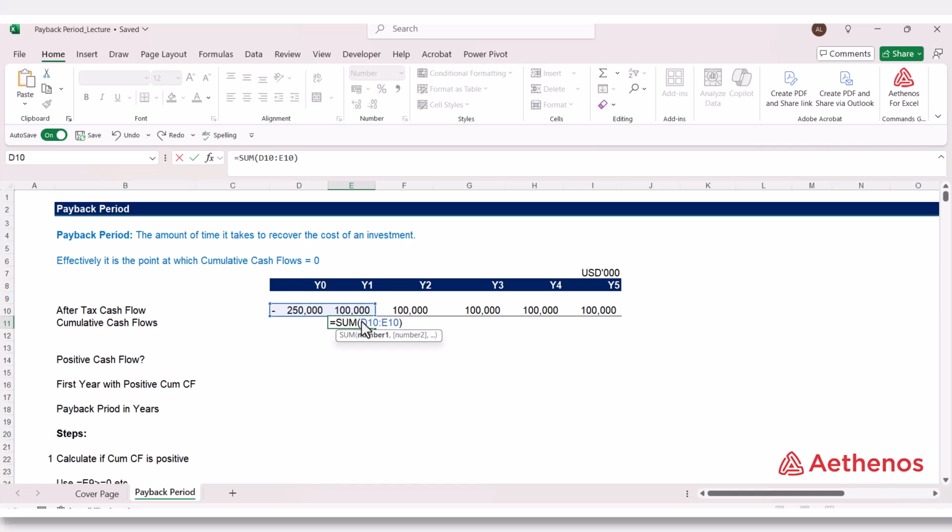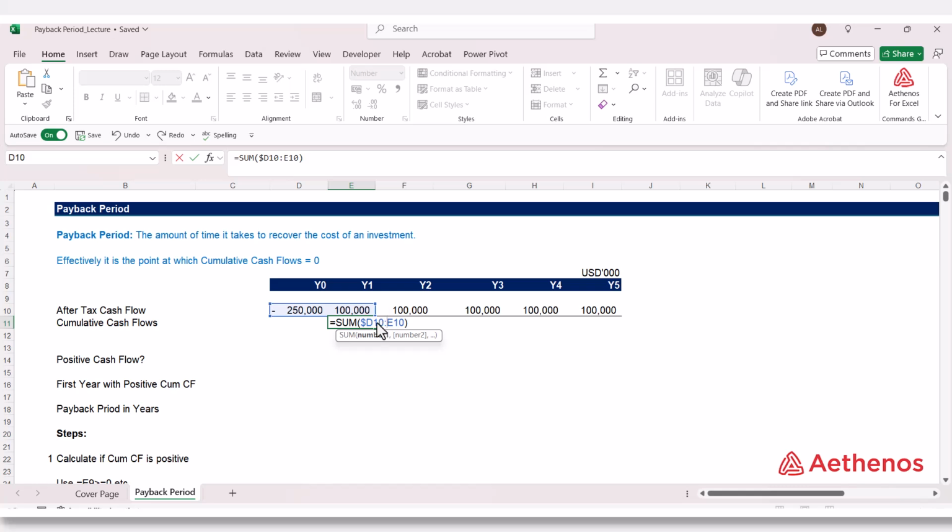And when I'm copying across, I want the initial cell reference D10's D to be fixed because I want to always refer to the beginning cash flow, but I want 10 to change when I copy it across. So I can use F4 and use a mixed cell reference where I will fix the D with a $ sign and let the 10 be changing.